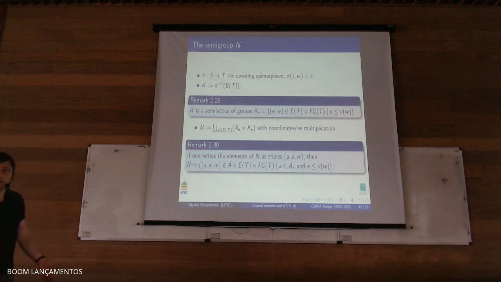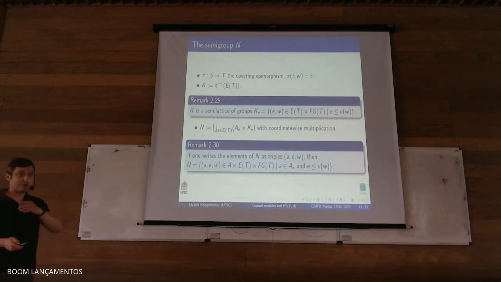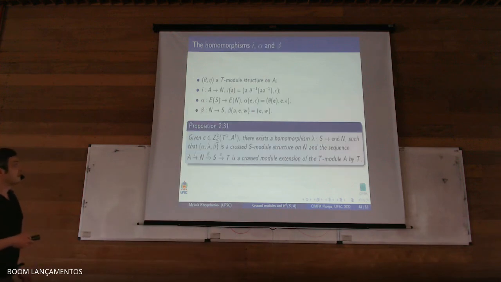Now, again, the difficult part is to define your action of the group S over N. So the group S, whose elements are pairs, and the group N, whose elements are triples, you should define an action of a pair over a triple. What is easy to do is to define this embedding of A into N. It's easy to construct this isomorphism.